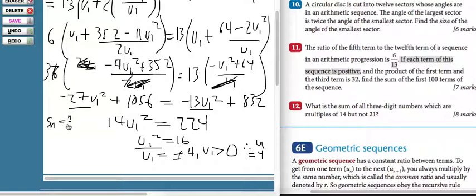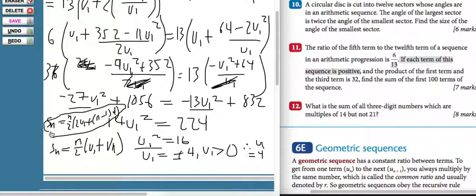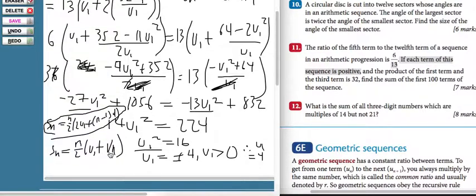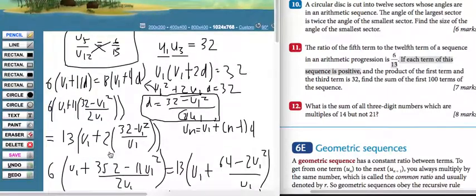We have Sn equals n over 2 times (2u1 plus (n minus 1) times d), and we also have Sn equals n over 2 times (u1 plus un). We're obviously going to be using the first formula because we're not given the last term of the sequence, and that's going to be difficult to find.